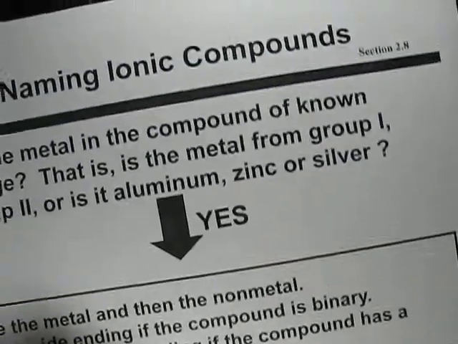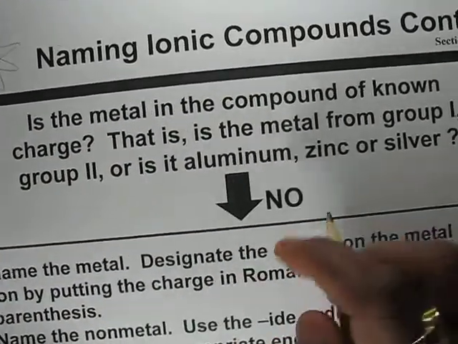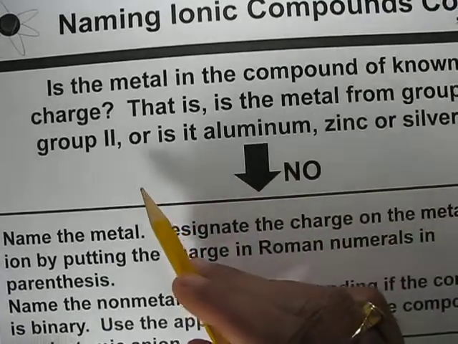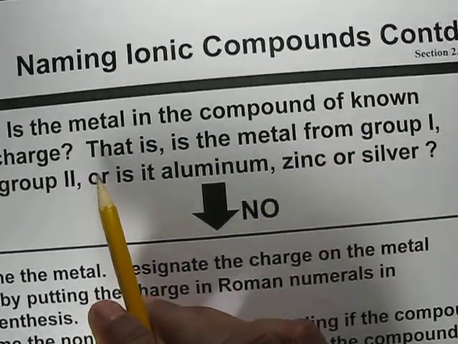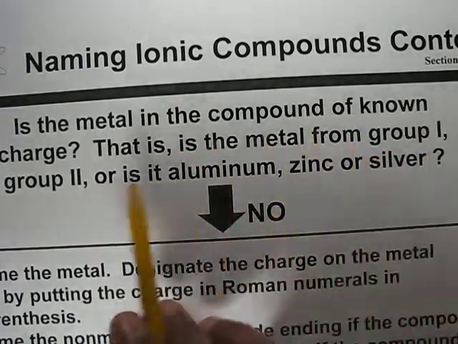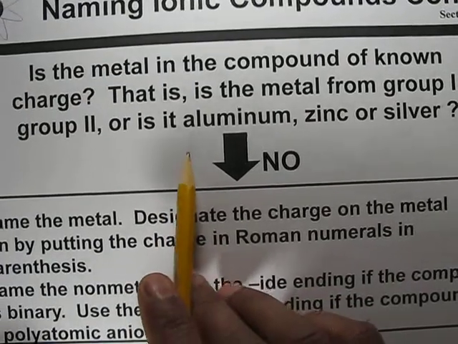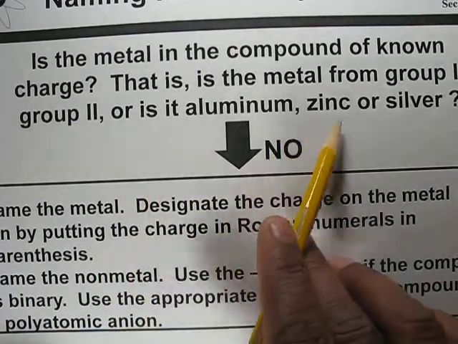So let's see the next rule in the naming of ionic compounds. In continuation: is the metal in the compound of known charge, is it a metal from group 1 or group 2, or is it aluminum, zinc or silver?